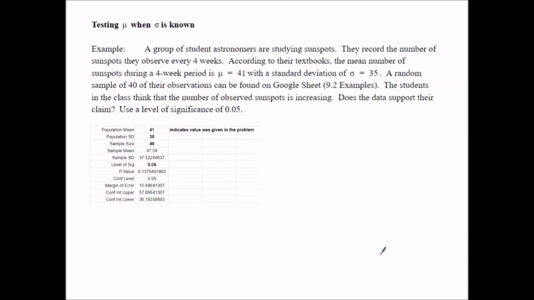So what does this tell us in terms of the hypothesis testing? Let's actually write down our null hypothesis should have been that the average was actually 41. We were going to test to see if they were increasing, so greater than 41. To do this, we're going to take a look at our p-value right here.